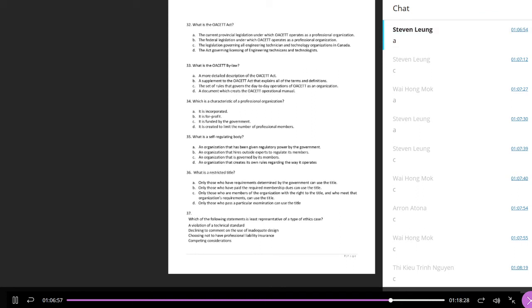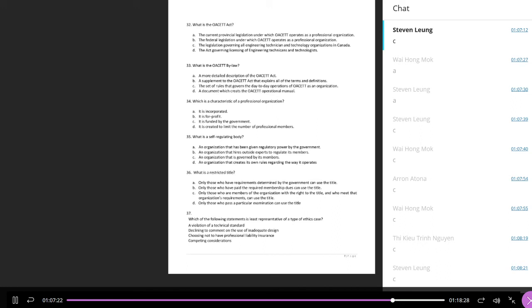Yes, A is the correct answer. The current legislation under which OSET operates as a professional organization. 33, what's the OSET law? Yes, C, a set of rules that govern the day-to-day operations of OSET.